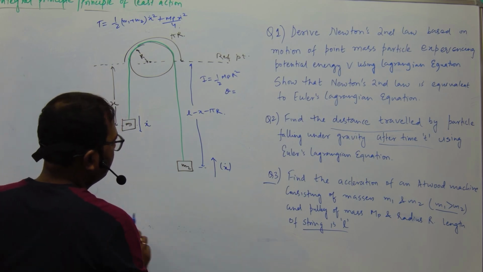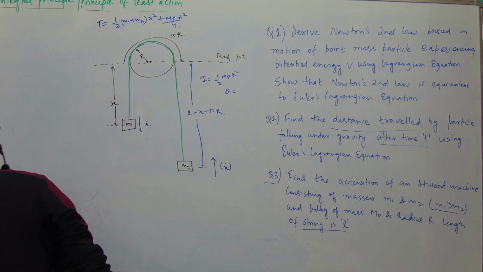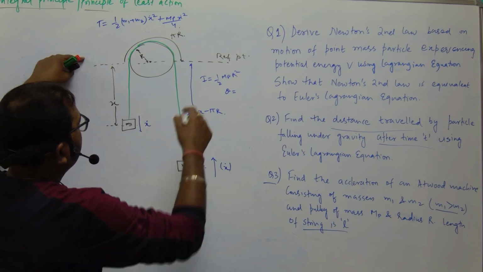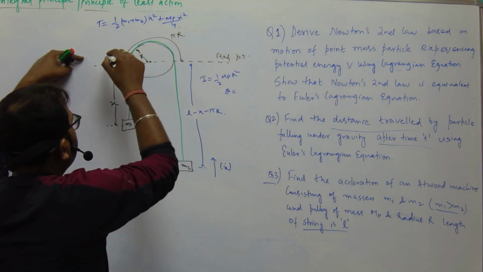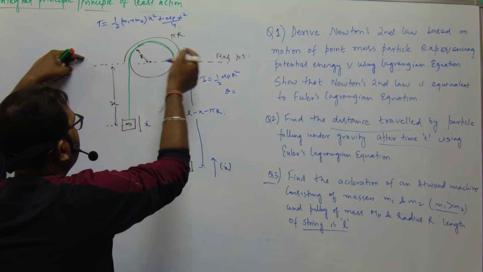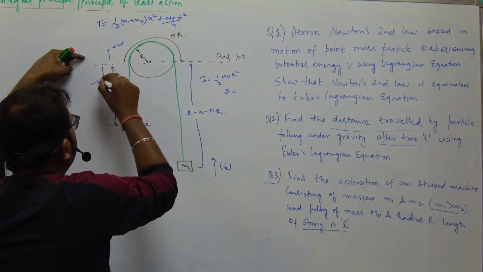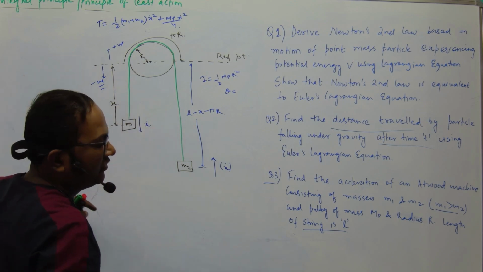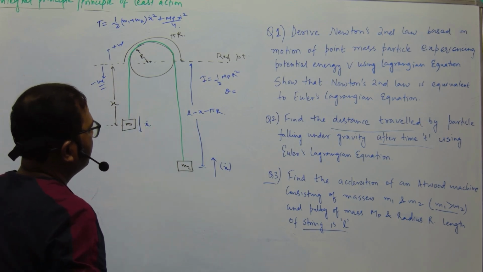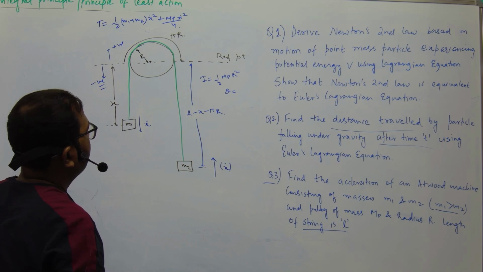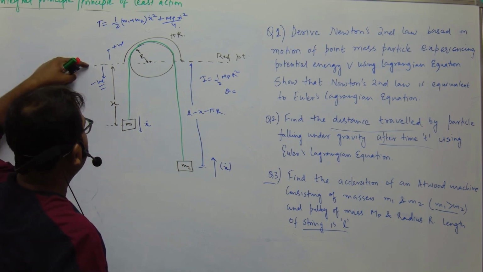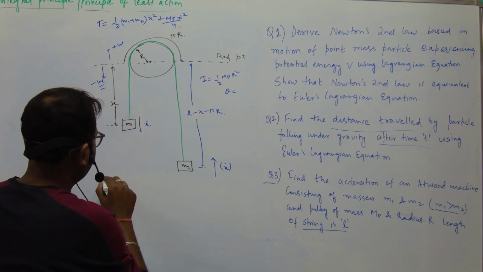Now let us write down the potential energy. We are taking this as the reference point. We take the distance above the reference point as positive and the distance below the reference point as negative, because we write the potential energy with respect to the reference point. This is our reference point.